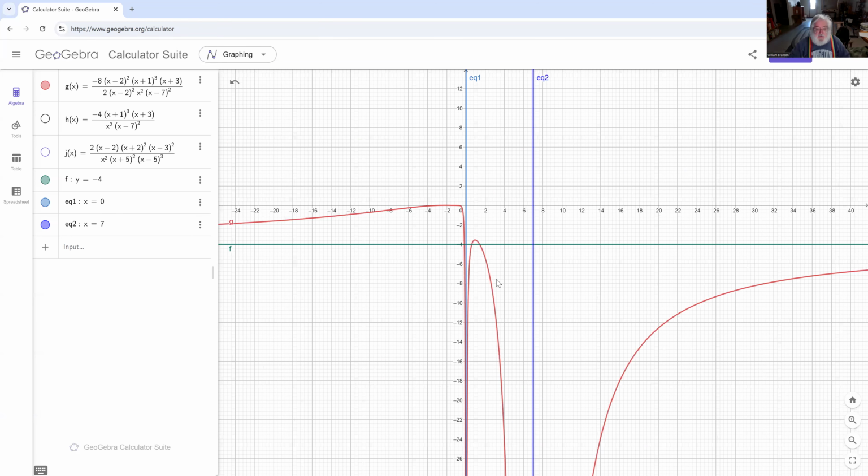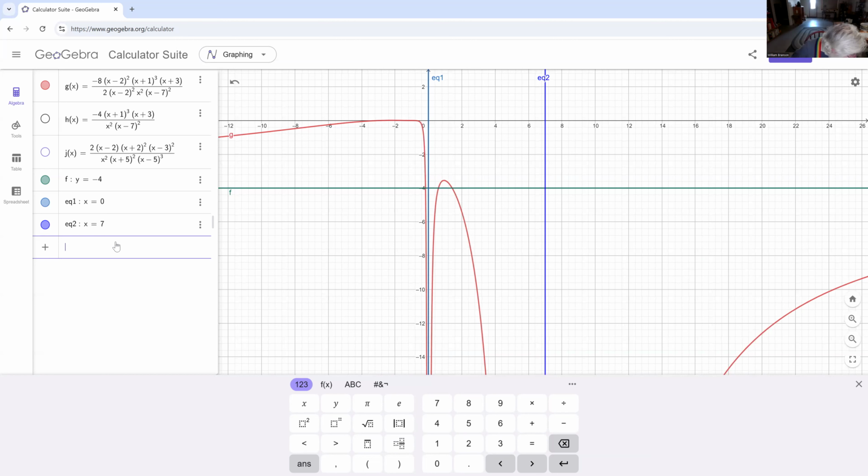And we come up a little bit. We had some intercepts. One x-intercept was at minus 1, that's g of minus 1, and the other one was at minus 3.